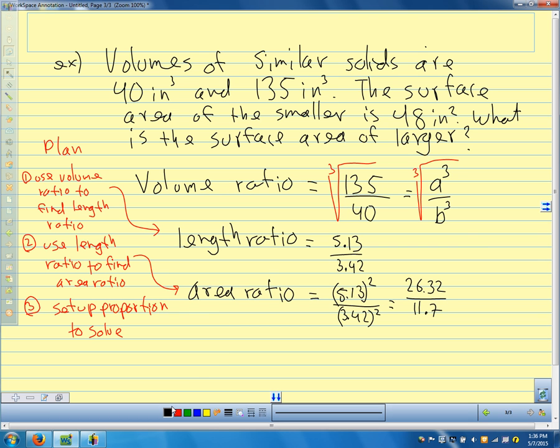And now we're going to set up a proportion. The area ratio, 26.32 over 11.7. We're trying to find the surface area of the larger. So what are we going to call that? X. What's the other area that we can put in the bottom there?